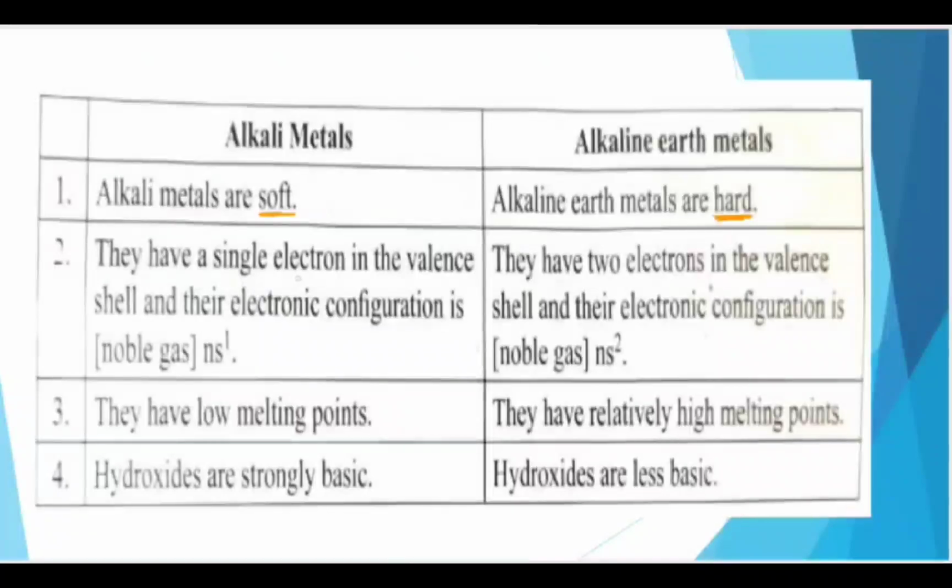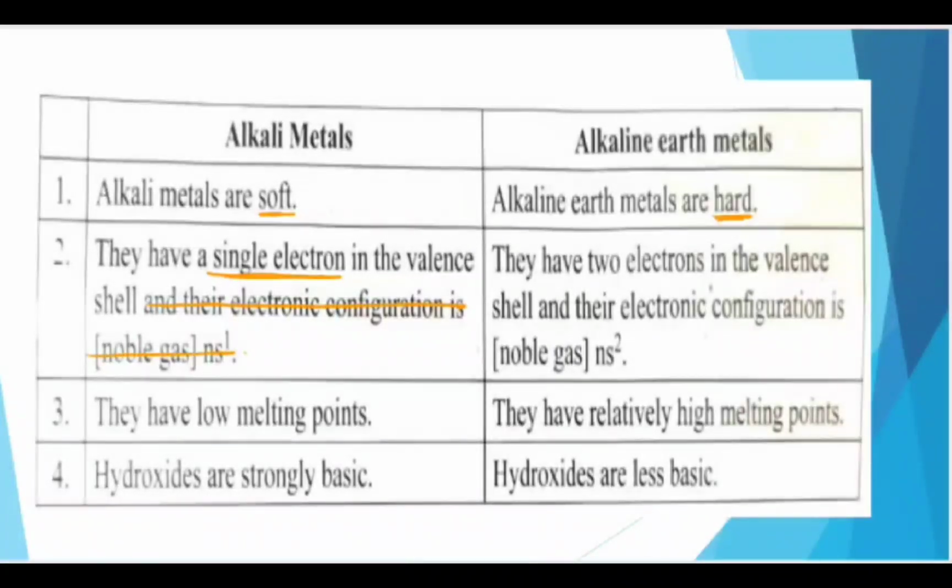Alkali metals have a single electron in their valence shell, and their electronic configuration is NS1. I don't think you need to know this, we'll cancel this part.